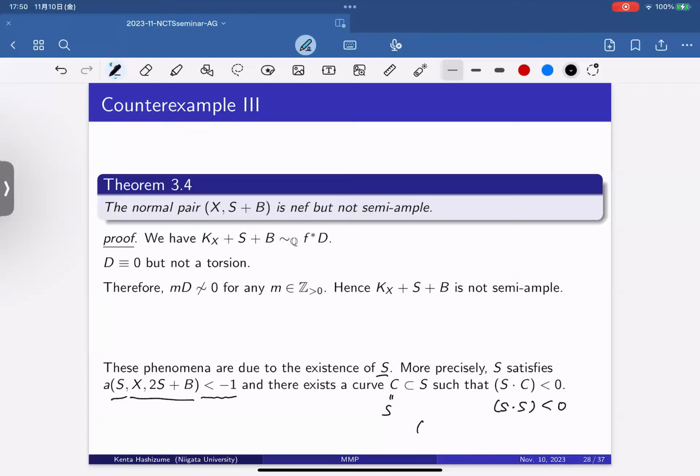Yeah, this shows that the intersection number of K_X plus 2S plus B and C is negative. So this shows that there exists a K_X plus 2S plus B negative curve contained in the non-LC locus.